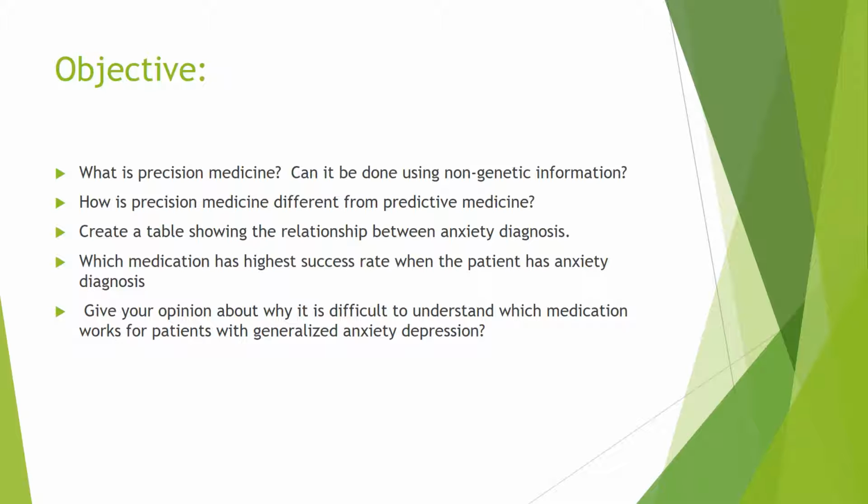Create a table showing the relationship between anxiety diagnosis and the other one, which medication has the highest success rate when the patient has anxiety diagnosis. Give your opinion about why it is difficult to understand which medication works for patients with generalized anxiety or depression.